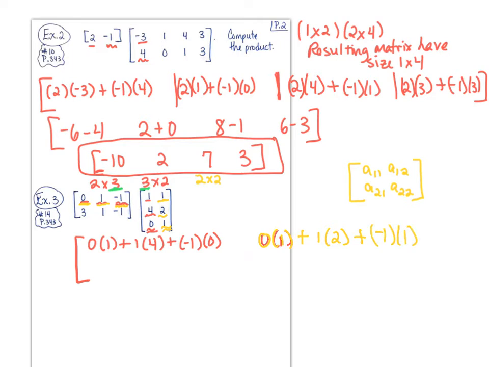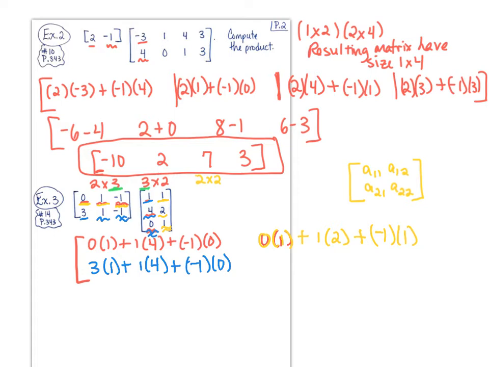Good. What is the 2, 1 entry? 3 times 1 plus 1 times 4 plus negative 1 times 0. You got it.